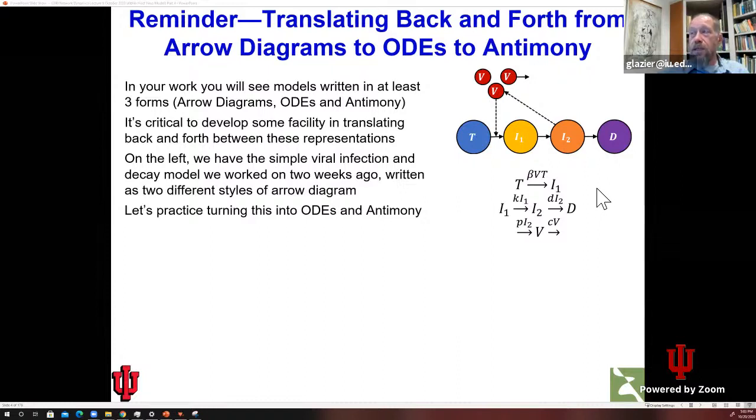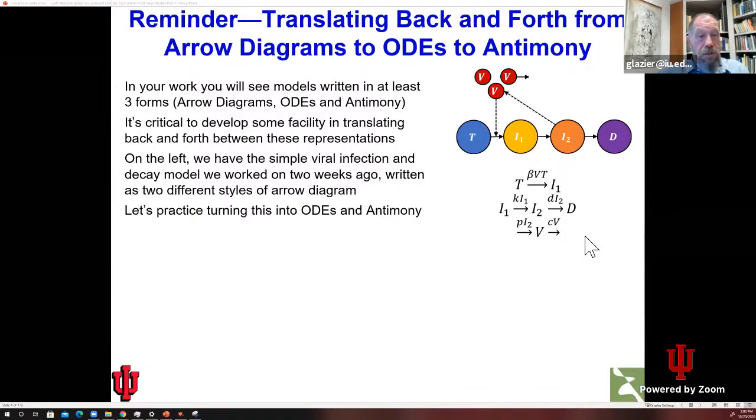And what we see is a set of arrows that denote transformation. Each of those arrows is labeled by a rate. And this set of diagrams here is precisely equivalent to an ODE model or to an antimony model. There isn't any ambiguity in that specification. The diagram at the top doesn't have the rates included, and therefore it needs additional information to be turned into an instantiable model.